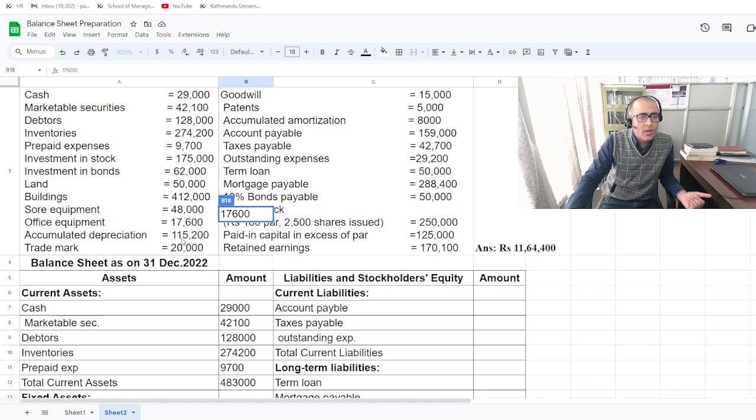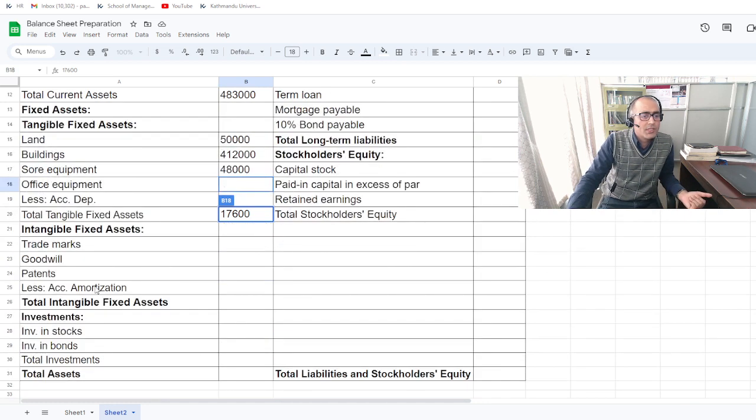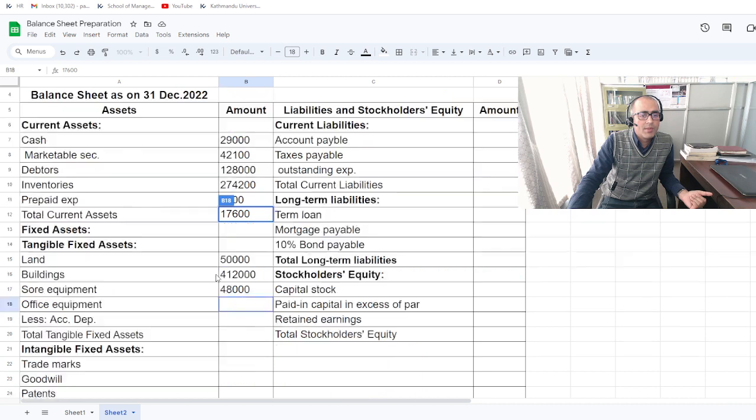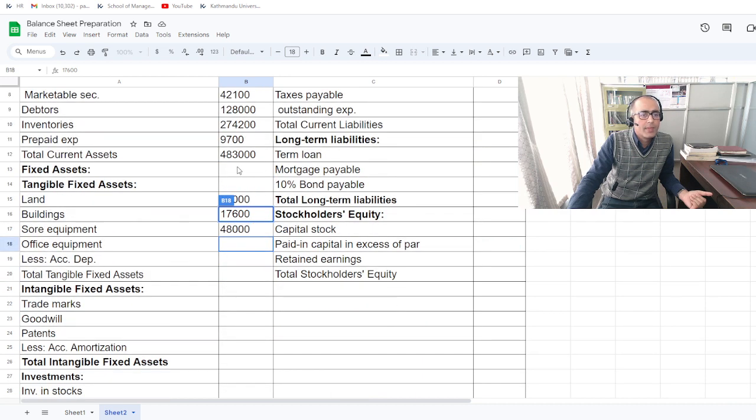You just say less accumulated depreciation. The value we have is 1,15,200.